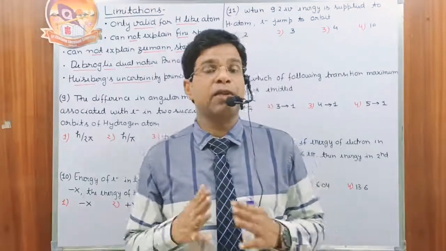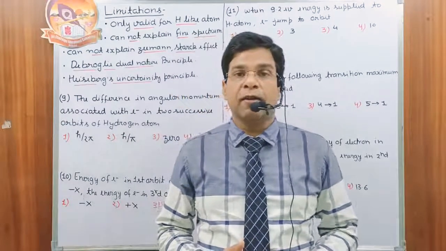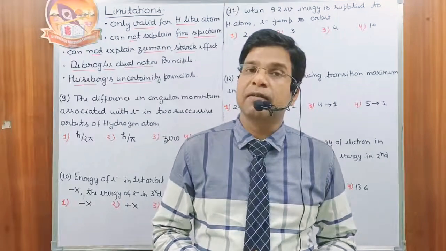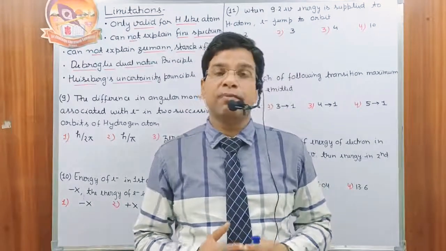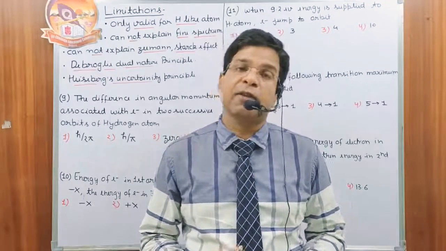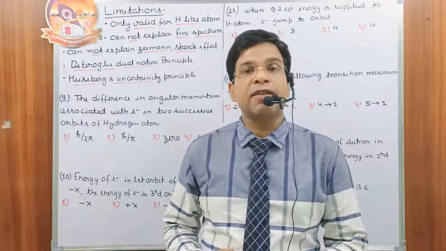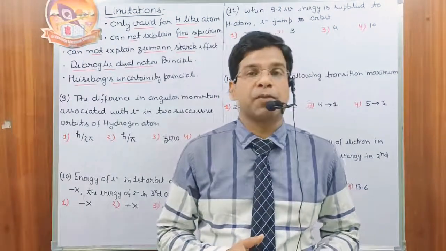When splitting of the lines occurs in the presence of a magnetic field, that is called the Zeeman effect. But whenever the splitting of the lines occurs in the case of an electrical field, that is called the Stark effect.